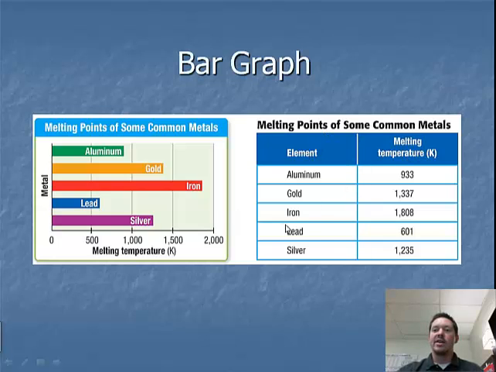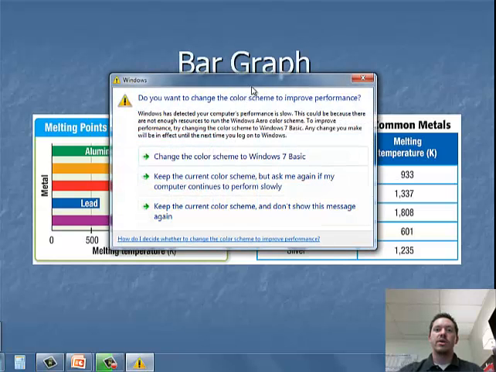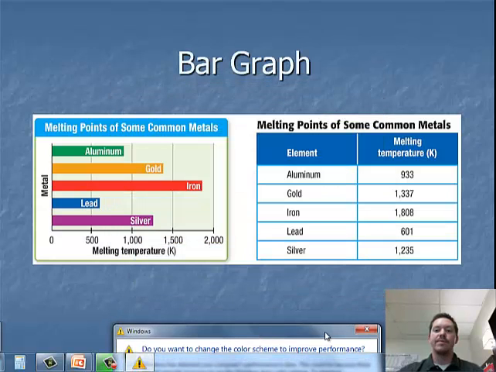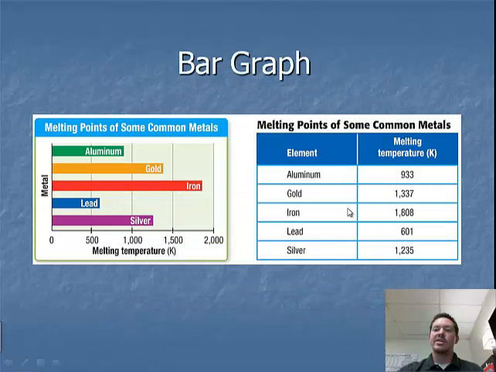If we look at the table that we get the information from, it's a little bit harder to visualize, especially if you had a lot more metals listed here. So it's easier to take this information and put it into this bar graph form, so that it's easier to compare: how does the melting temperature of lead compare to iron?